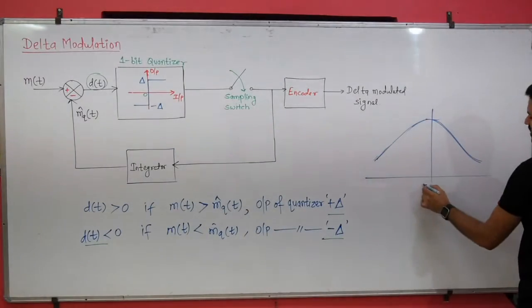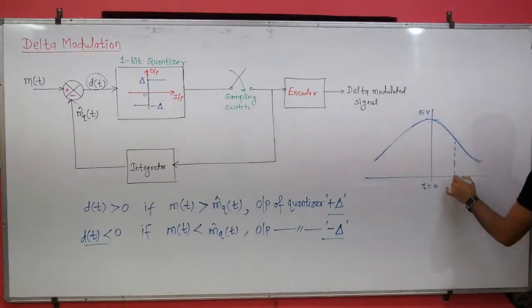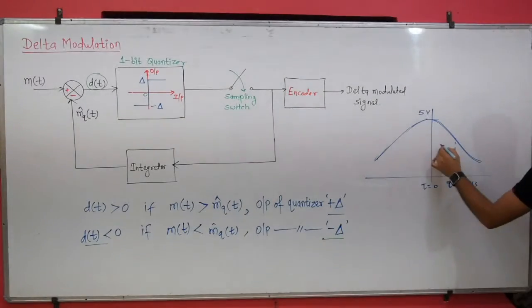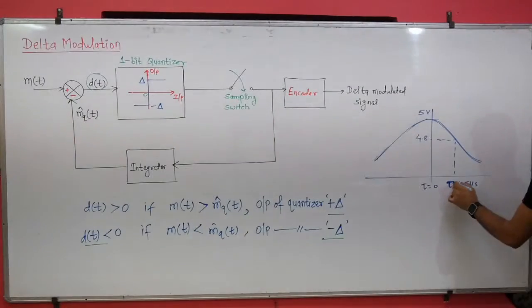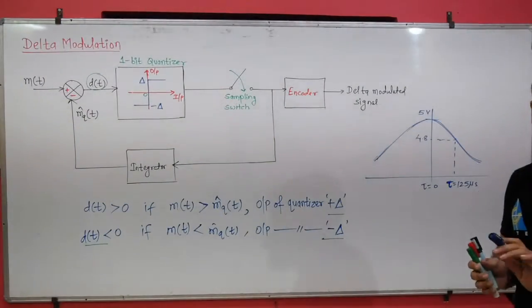At tau equal to 0, we took the sample, we got 5 volt. At tau equal to 125 microsecond, we took the sample, we got 4.8 volt. That is perfectly fine.